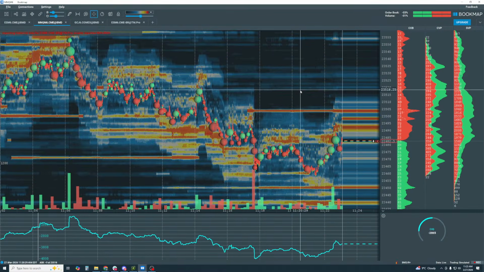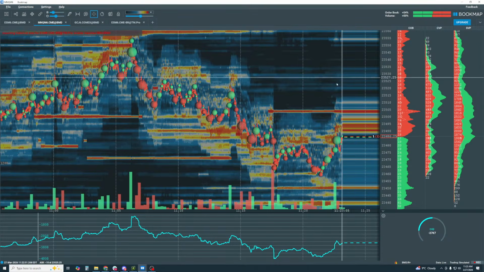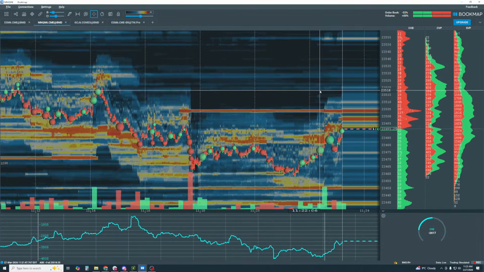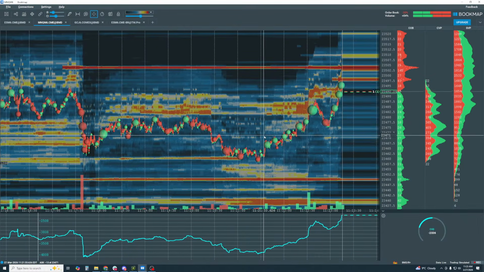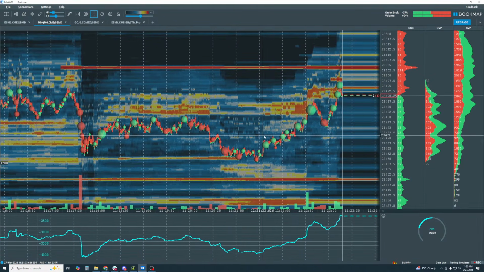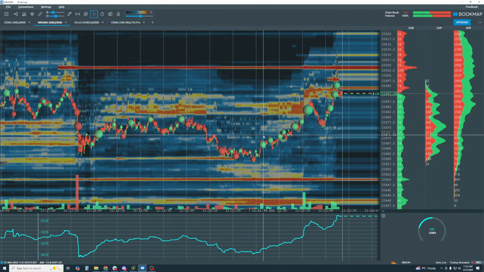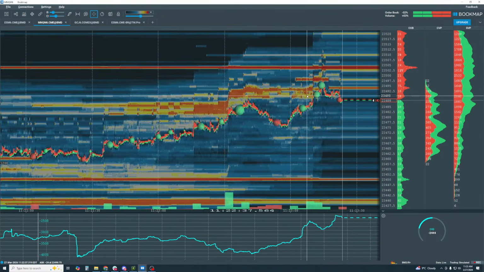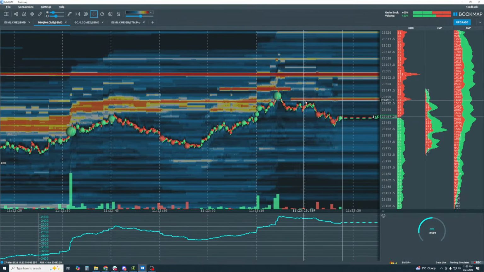Now this is the MNQ I put in here. Okay, there's our imbalance in here.